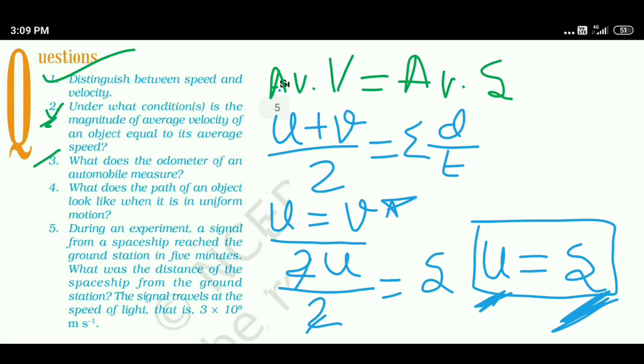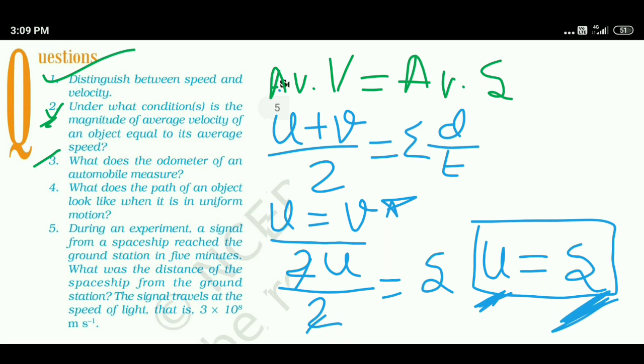A device is there which shows how far our vehicle has traveled. It measures the distance traveled by the vehicle. So what does an odometer show? It shows how far the distance traveled is. Okay, this is a simple question.